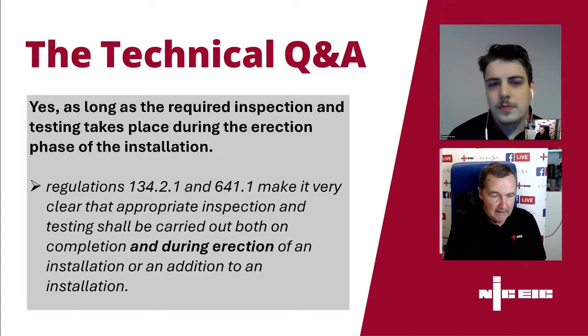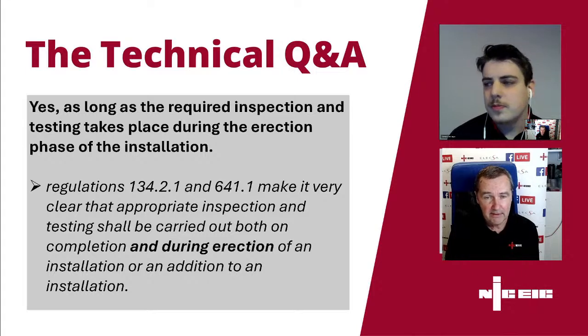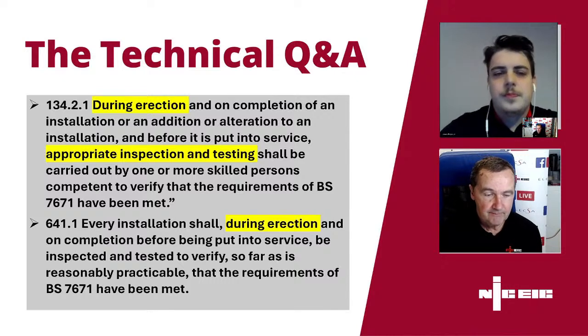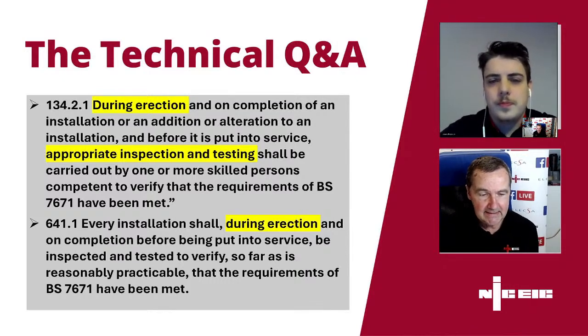So the regulations that talk about the required inspection and test are quite clear, and if we just have a look at 134.2.1 about fundamental principles, it says that during erection inspection and testing has to take place, and that's also echoed in Reg 641.1, where it says every installation shall during erection be inspected and tested.